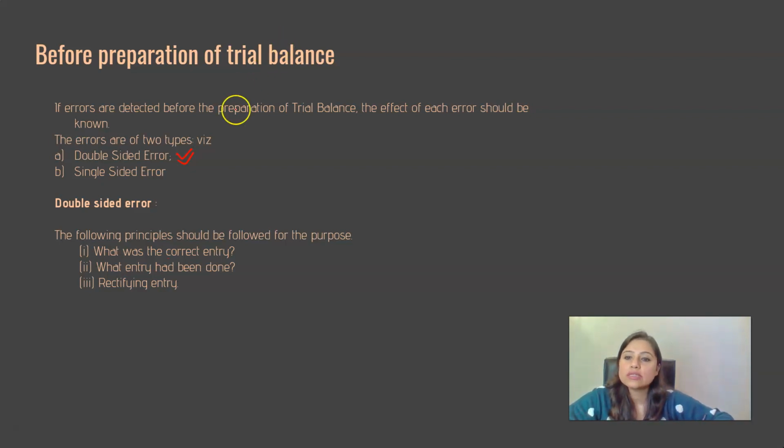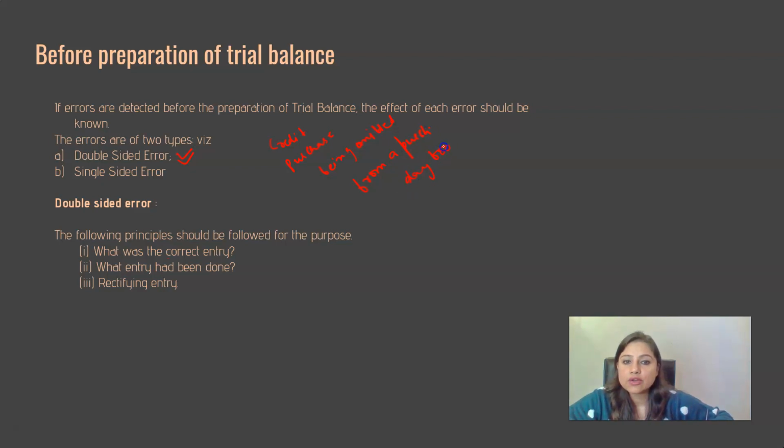So for instance, take an example of a credit purchase being omitted from the books of accounts, or from the purchase daybook.